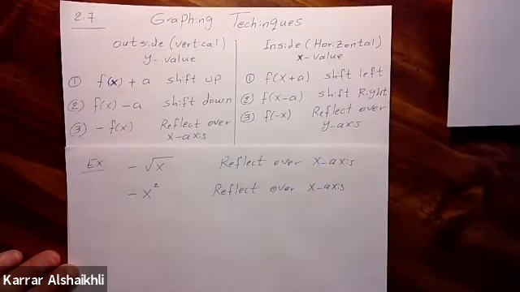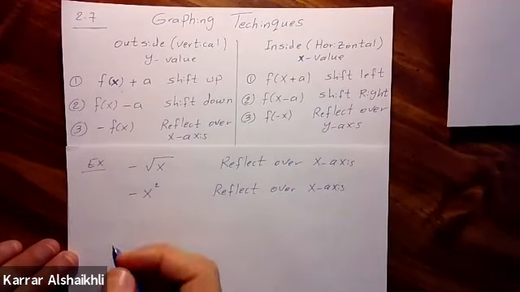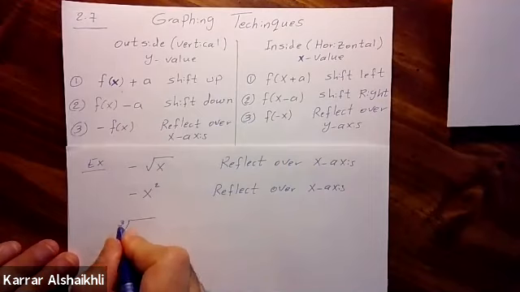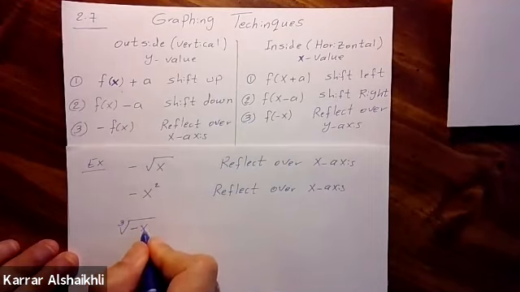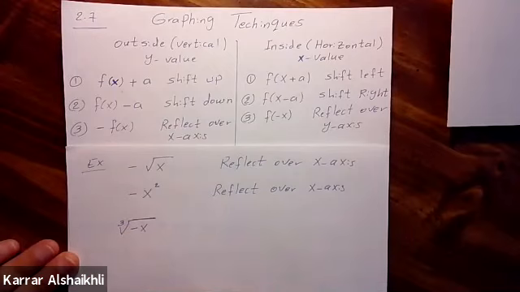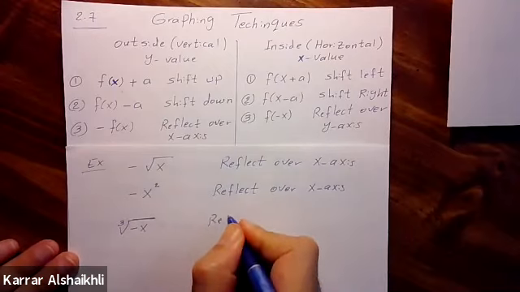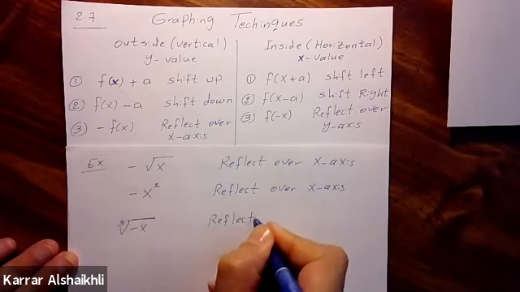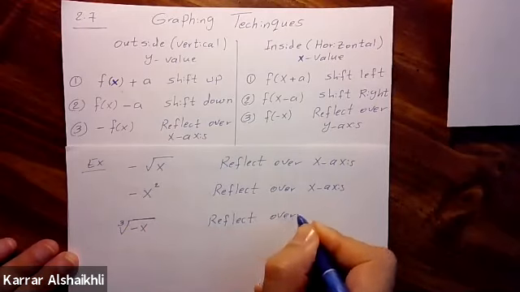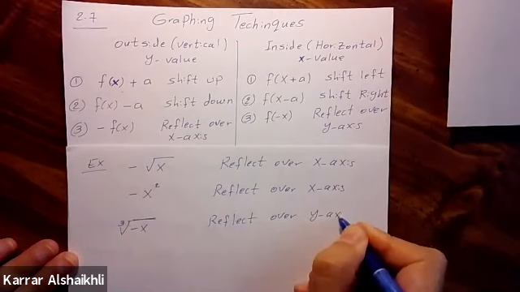That means it's going to be reflect over the y-axis. If we have the cubic root of negative x, so it's going to be reflect over the y-axis.